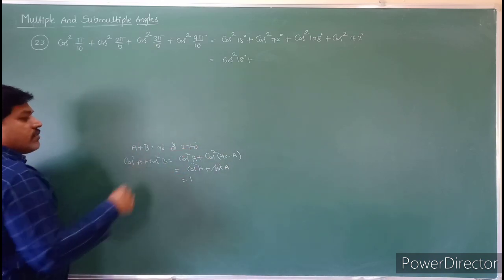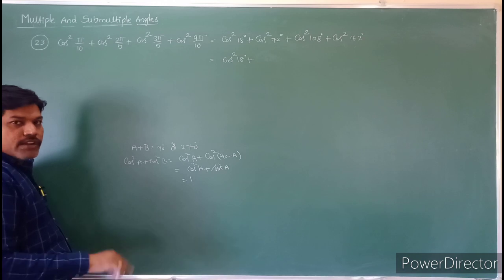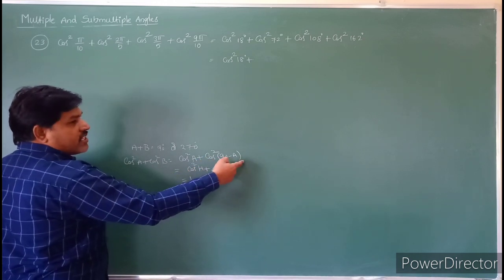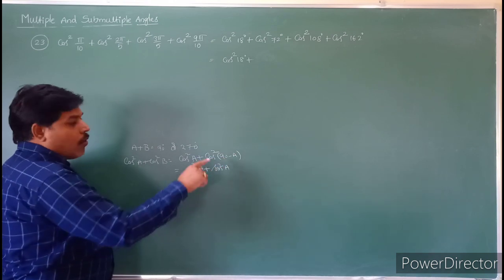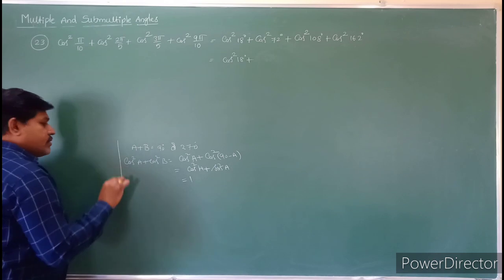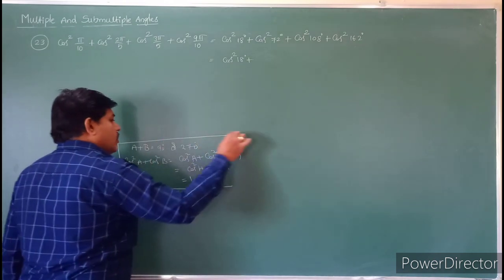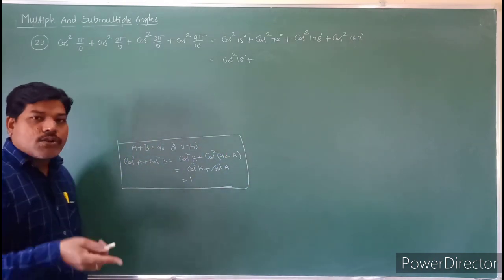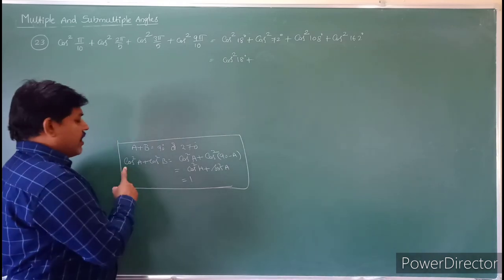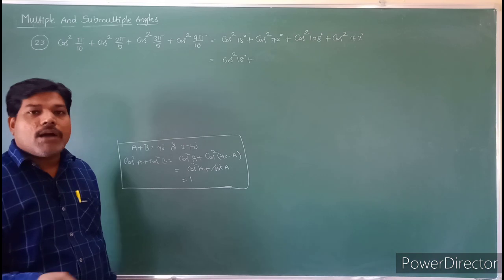Similarly, if 270 also same, why? Because cos 270 minus a is nothing but minus sin a, whole square is there, it will become sin square a once again. So see this condition, students, if a plus b is 90 or 270, what happens? Cos square a plus cos square b value will become 1.